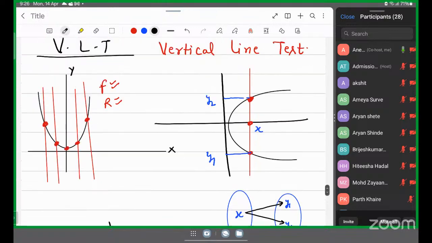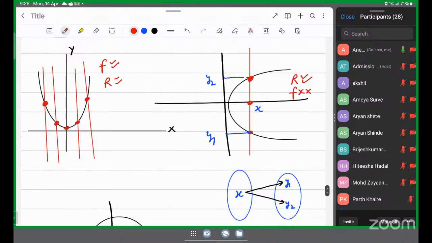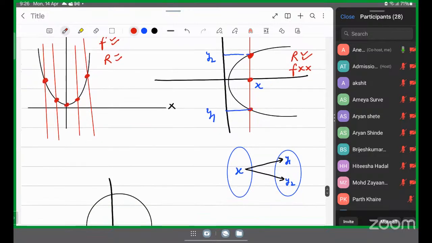So this curve is a relation, but it is not a function. Why is it not a function? Because the vertical line is cutting the curve at more than one point, which indicates that in this case, one input will give more than one output. And if it is so, it cannot be a function. A function will be if and only if we have one element connected with one and only one element in the codomain.